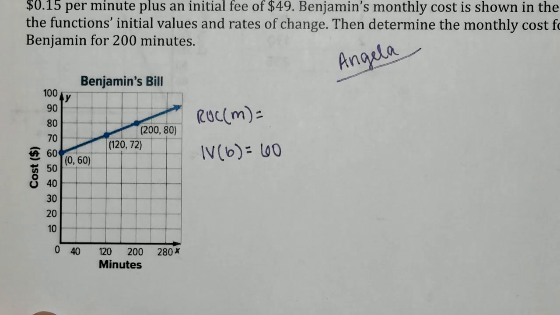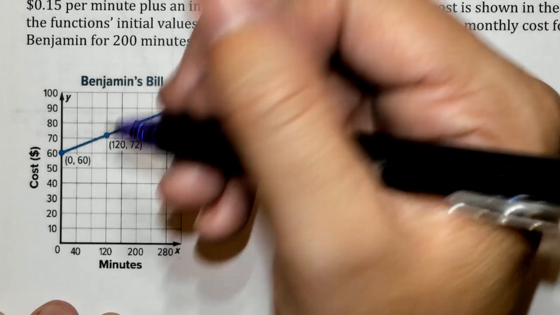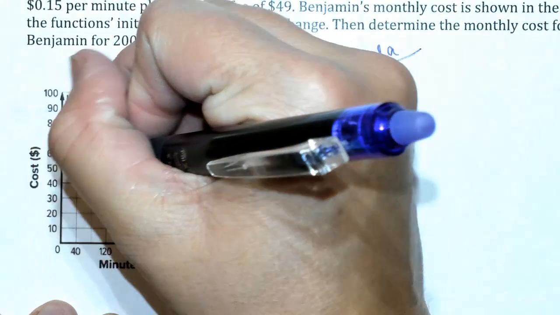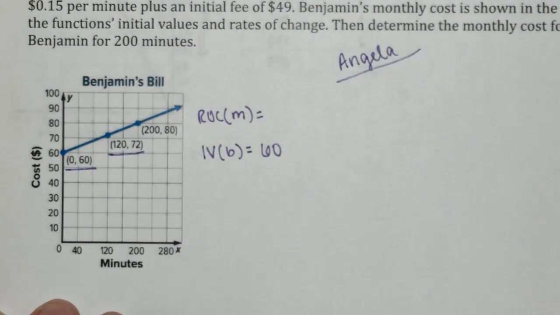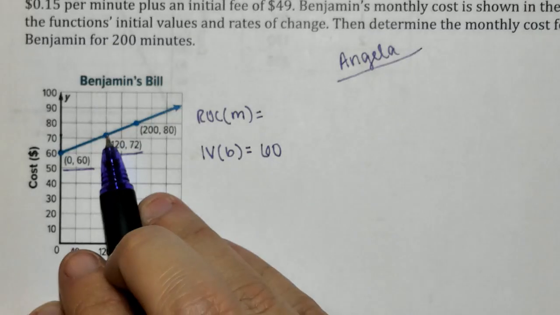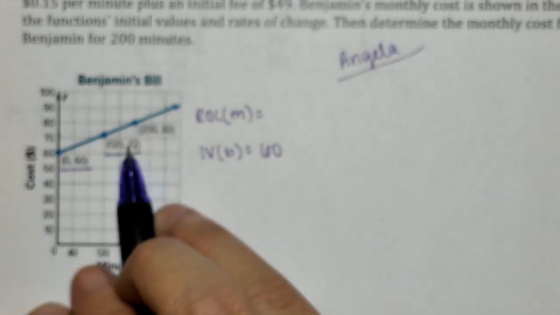All right, the slope is how much we're changing. So in this case, we really have to pay attention to these numbers. So my rise, it's going to be rise over run. I'm going from 60, kind of like right here, which is between 70 and 80. This number right here tells me it's 72.